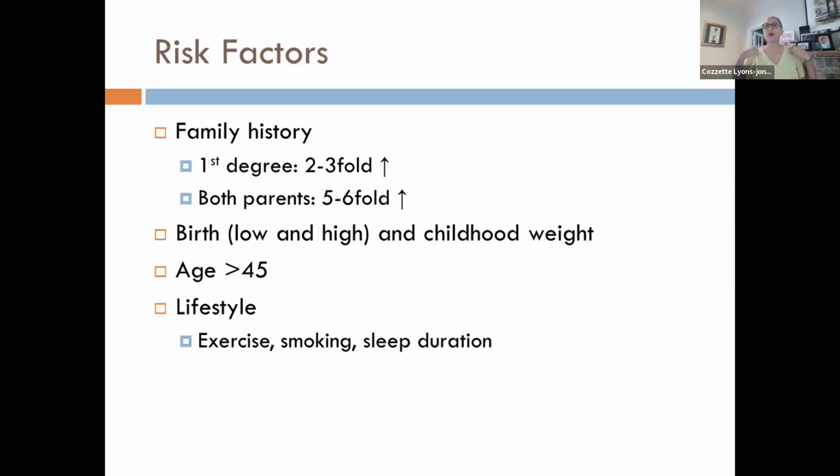So you're looking at someone that's a little baby, and we can predict what's going to happen later on down the line. Childhood weight: if you are obese as a child, but you lose the weight before puberty, before you turn 13, then you have the same risk of developing diabetes later in life as the general population of people who had normal weight.